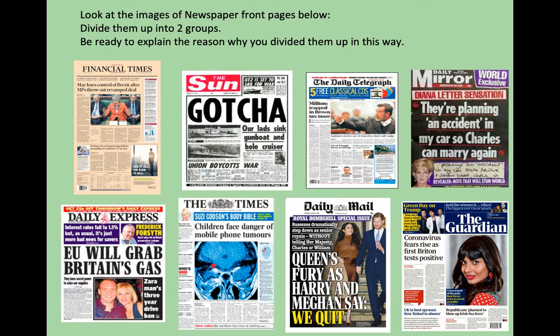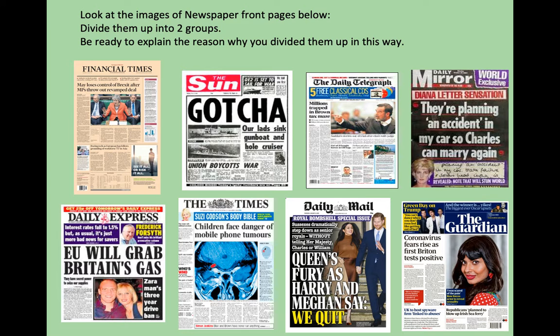There are 4 that belong to one type of newspaper and 4 that belong to another type of newspaper. I'd be interested to see how you divide these and if you can divide them in the way that I'm predicting. You've got the names of the newspapers at the top, so you can just write them into 2 lists and then tell me what separates them. How did you divide them into 2?